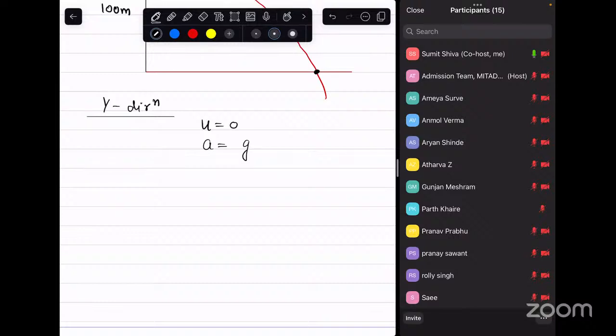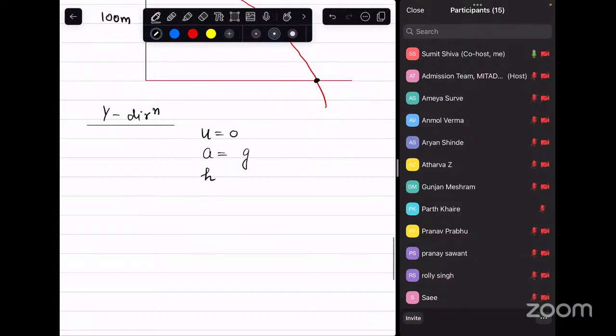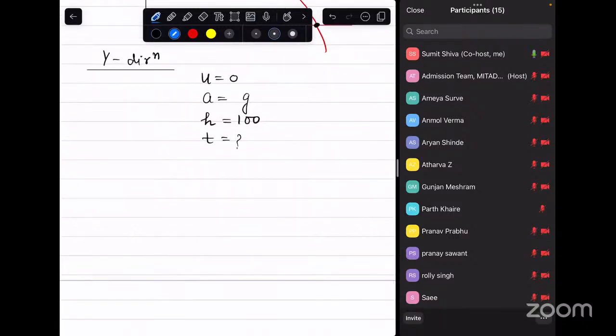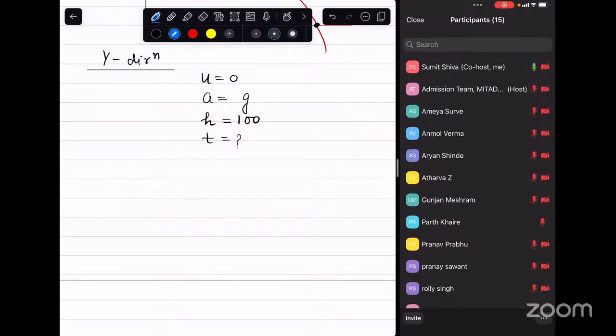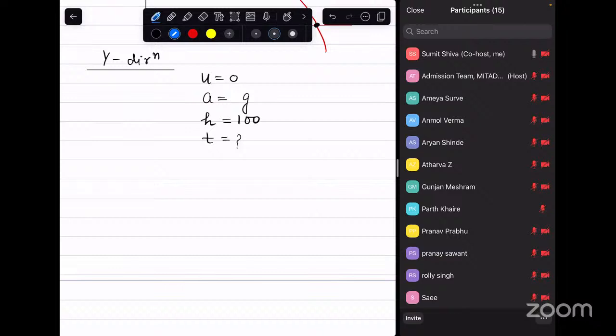Will it be positive or negative? What should be the sign of g in this case? Positive or negative? Yes, anyone?